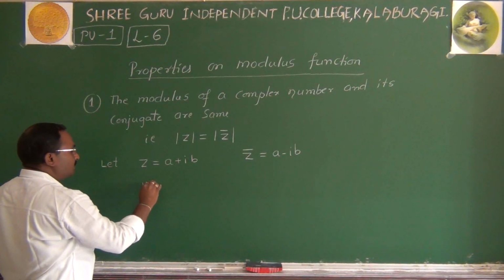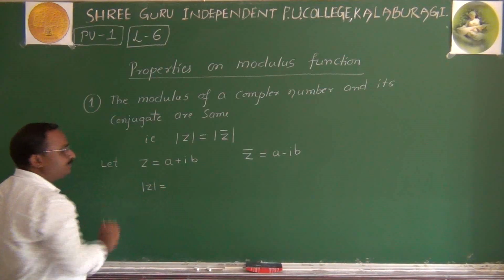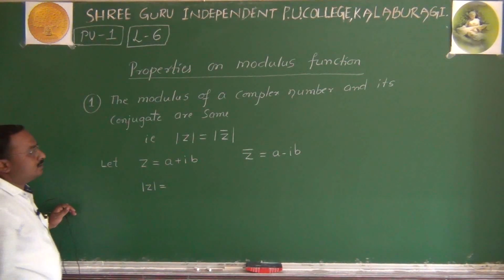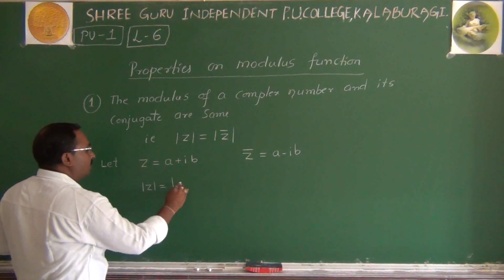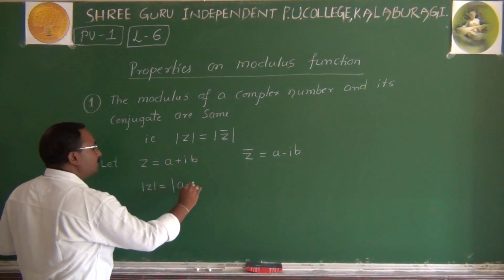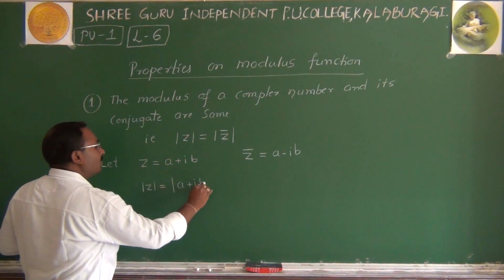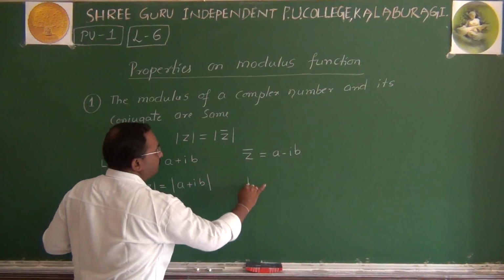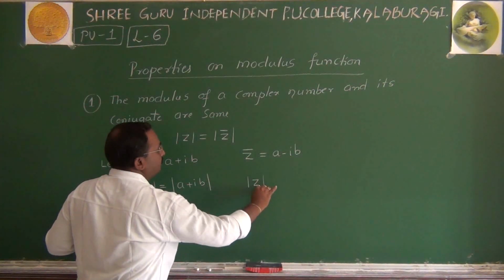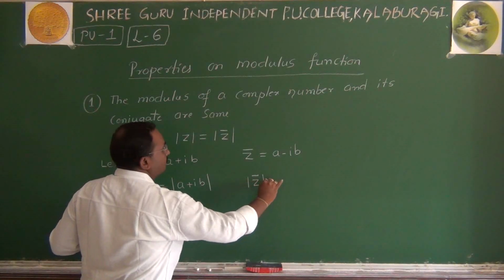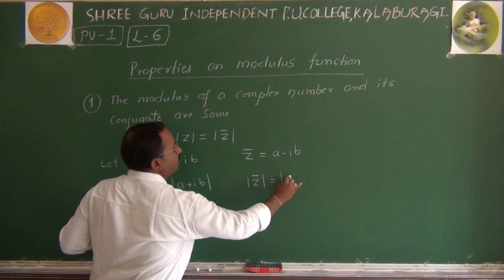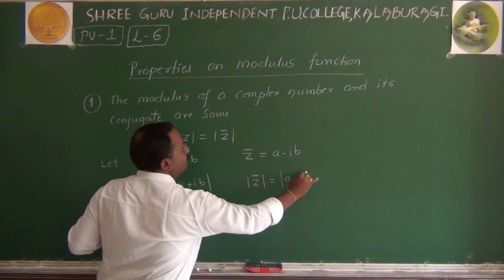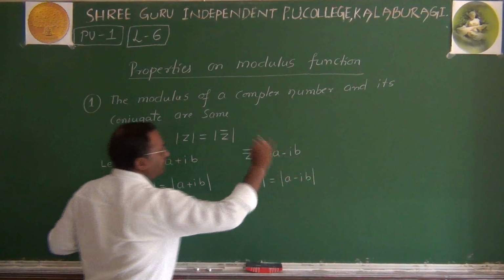Modulus of Z is equal to modulus of A plus iB, and the modulus of its conjugate is modulus of A minus iB.